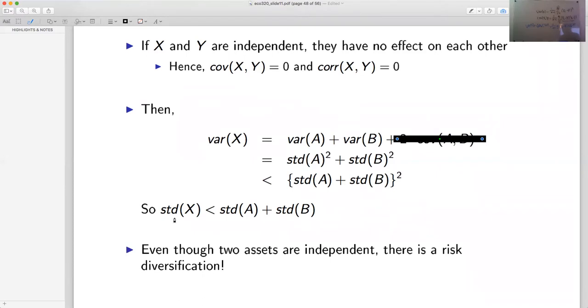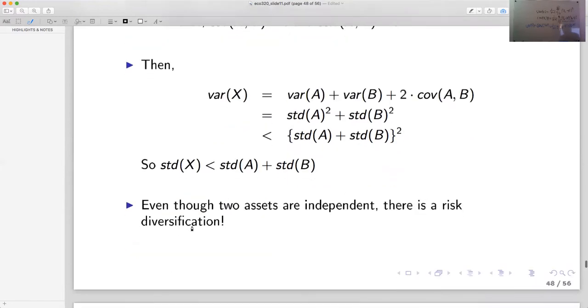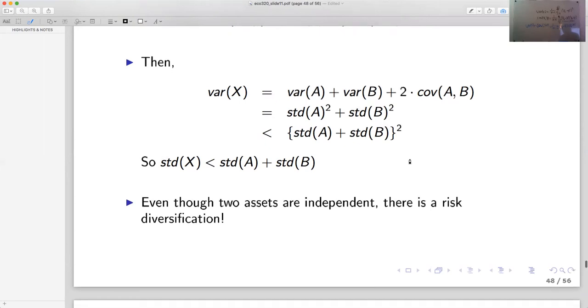So that's why the standard deviation of x is less than that if they are independent. So even though two assets are independent, there is a risk diversification. Even if these two assets have nothing to do with each other, you still get a benefit of risk diversification, because the standard deviation is less than the summation of these two because of this mathematical part.